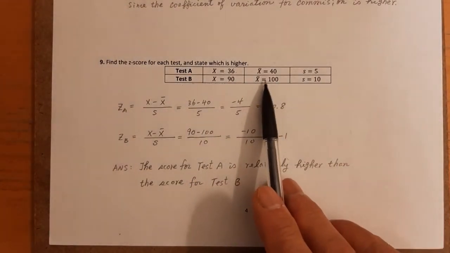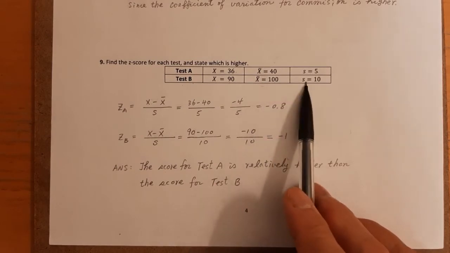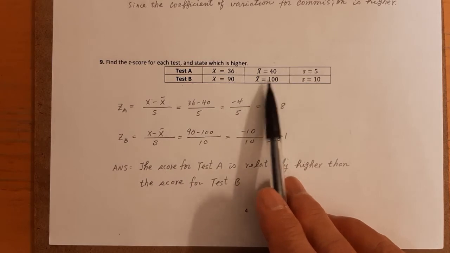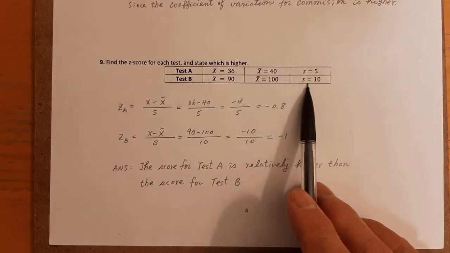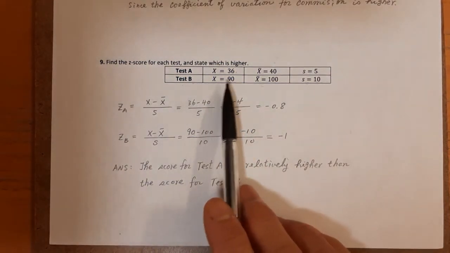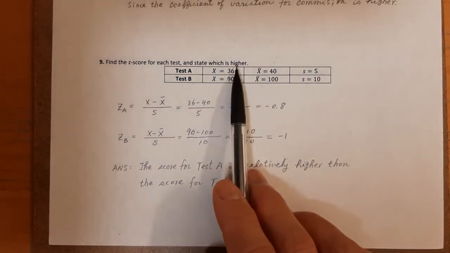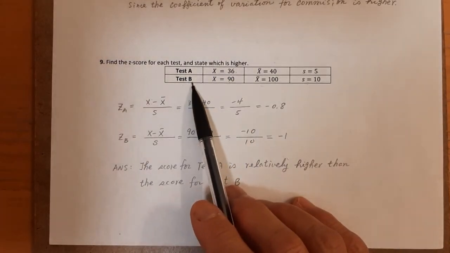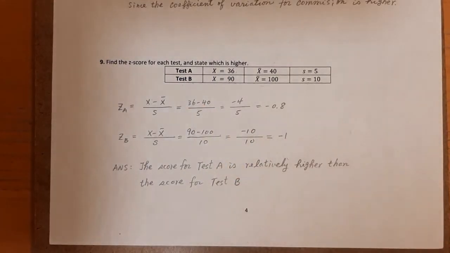The mean is 100. The sample standard deviation s is 10. You look at the numbers, 90 is more than 36, so you probably answer test B score is higher.